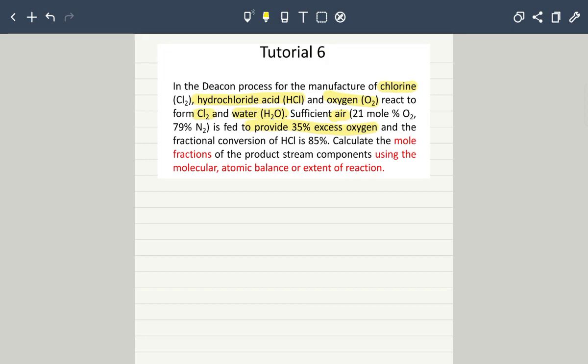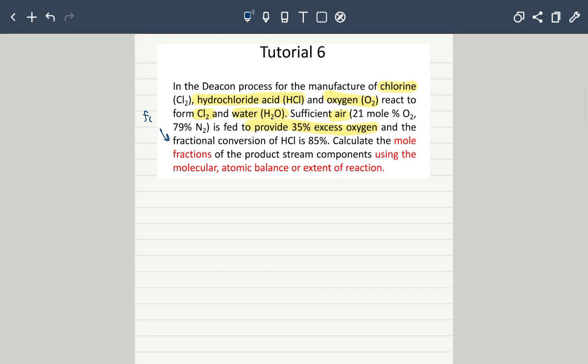And the fractional conversion, FC, is N input minus N output over N input. Okay, later we will write it together.